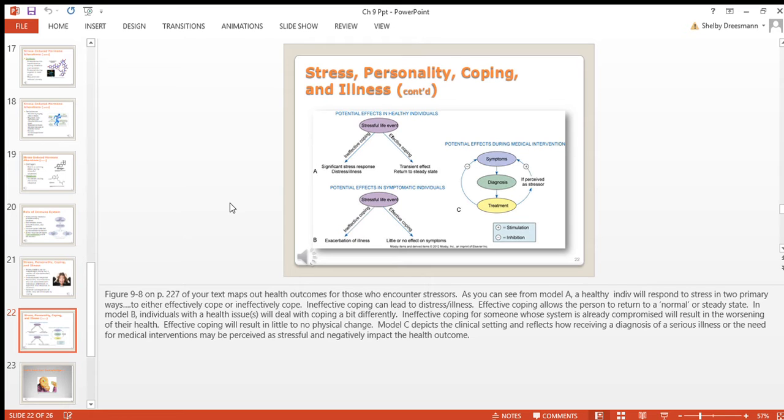For them, it's a different map. Say they're already sick. If they cope, the disorder or illness they're dealing with will stay in a steady state, whereas if they don't cope, it will exacerbate it.